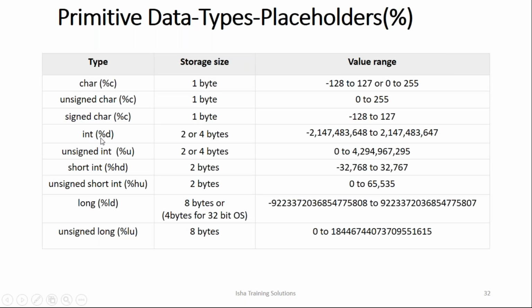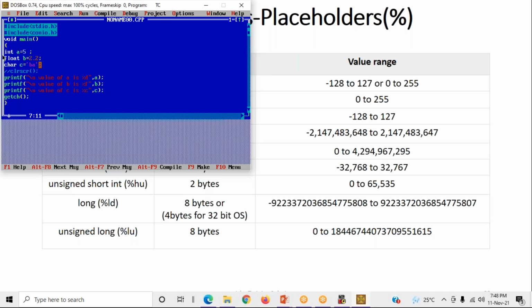We have seen this type of data type now, int, integer. This integer will require 2 bytes of memory space when you are declaring a variable. Now, I will go back to the program. Integer A, right?